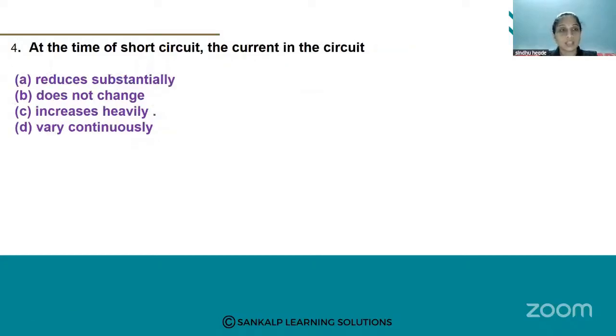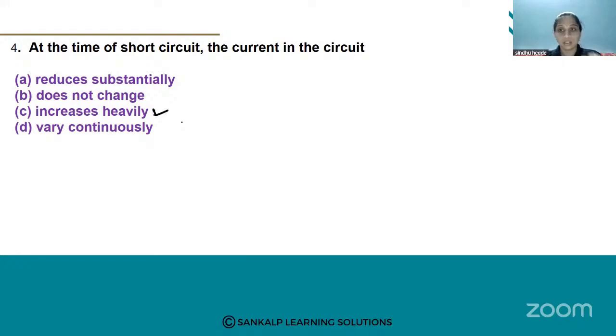Next, fourth one. At the time of short circuit, the current in the circuit reduces subsequently or does not change. Third one, increases heavily. And fourth one, varies continuously. When short circuit happens, the current increases heavily.